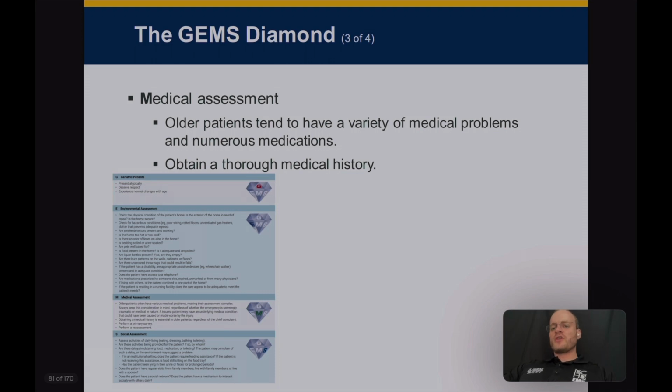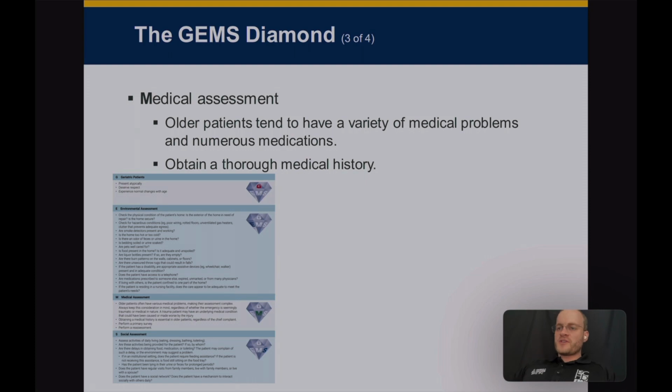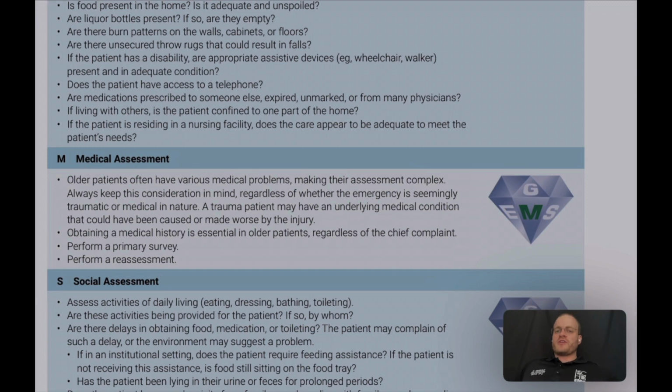And then the M is for medical assessment. They say older patients tend to have a variety of medical problems and numerous medications. So you'd want to obtain a thorough medical history, a full medical history, regardless of the chief complaint, your primary survey, your reassessment. Just be aware that a trauma may have an underlying medical condition that could have been the cause or been made worse by this injury.